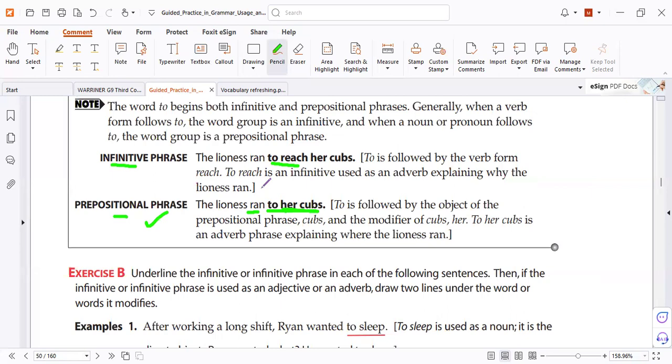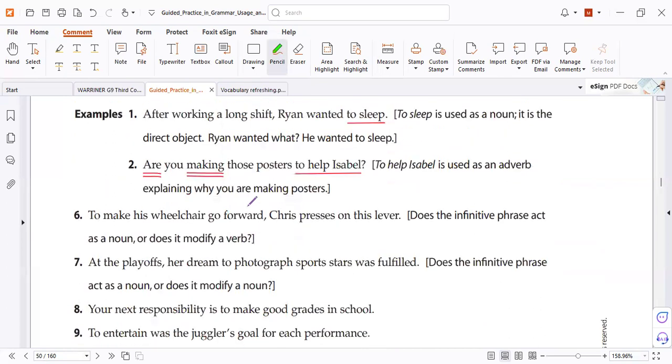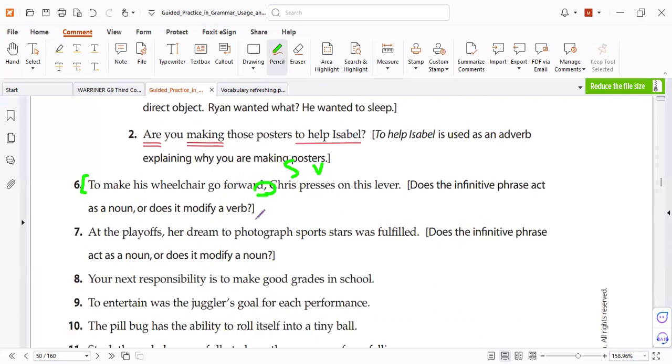Now let's go to the next. Let's see the next. Sometimes we can use a comma before you start the sentence. So if the infinitive phrase comes at the beginning, you expect a comma, of course.